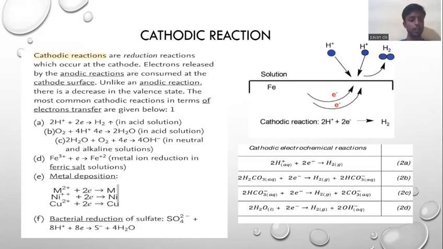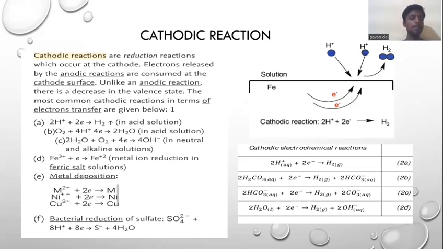First, 2H+ plus 2 electrons gives hydrogen gas in acidic solution. Next, oxygen plus 4 hydrogen ions plus 4 electrons gives water in acidic medium. Next, 2 molecules of water plus oxygen plus 4 electrons gives 4 hydroxide ions in neutral and alkaline solutions.